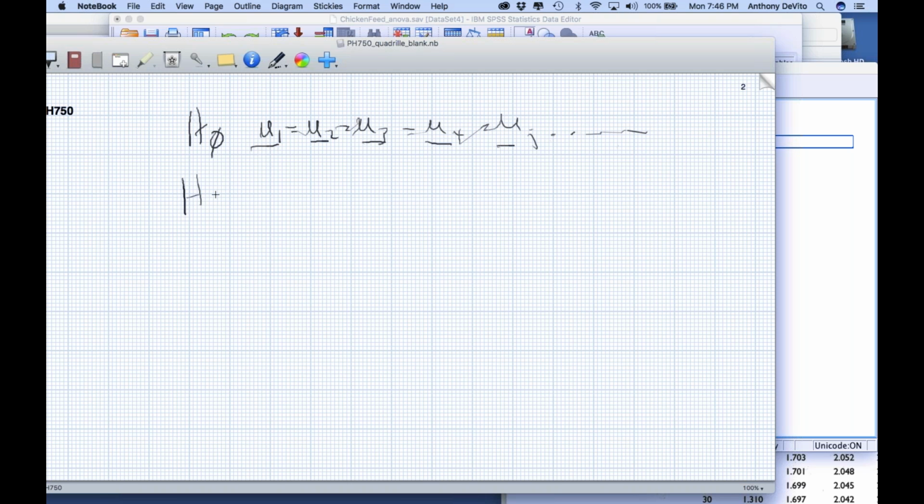So our alternative hypothesis. Now this is where it gets a little tricky with analysis of variance. For you to reject your null hypothesis, you don't have to have all of these be different. You only need at least two of them to be different. So in other words, the alternative hypothesis is not all of the means are the same.